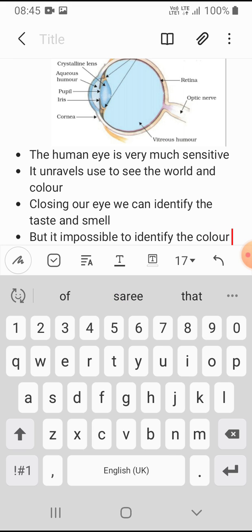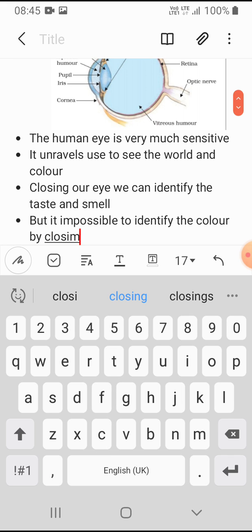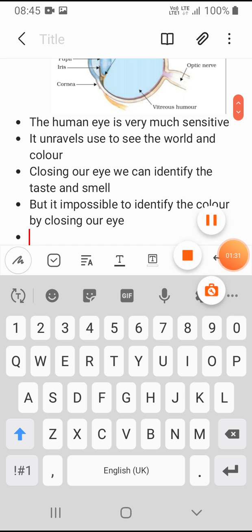If you close your eyes, you can't identify the color.